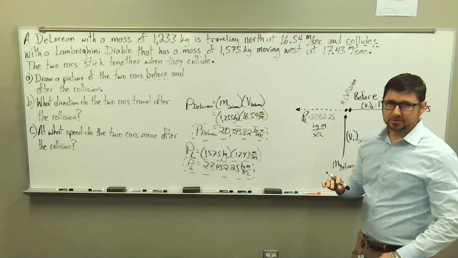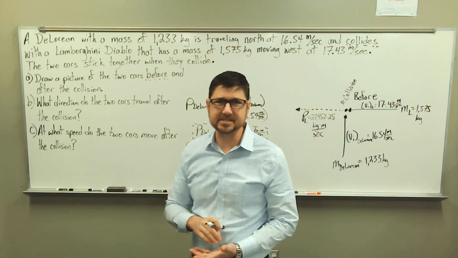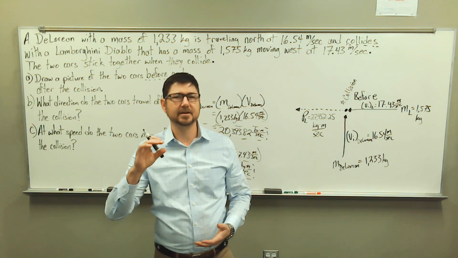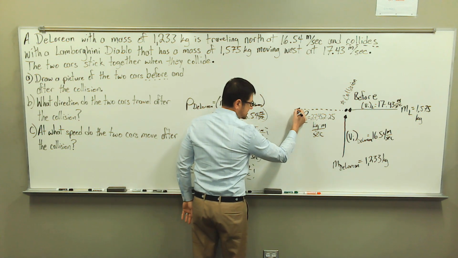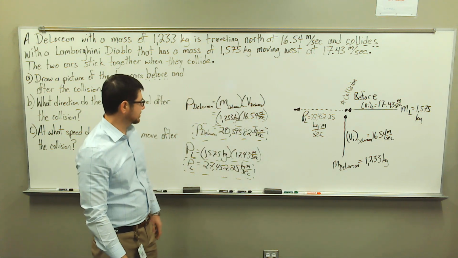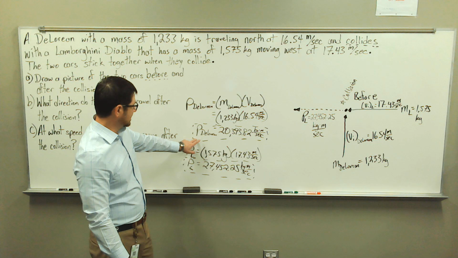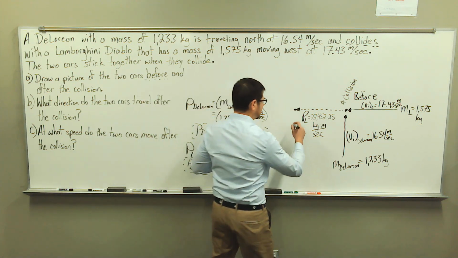Using the head-to-tail method, we're going to place the tail of the second vector on the head of the first vector. So the momentum of the DeLorean is 20,393.